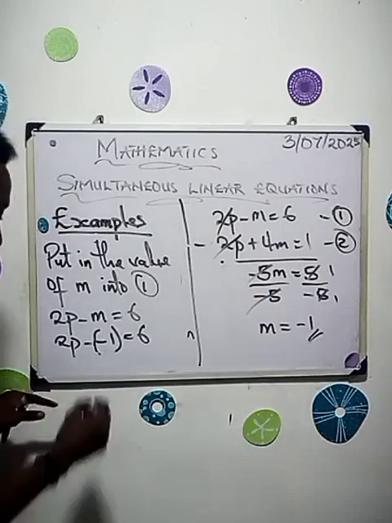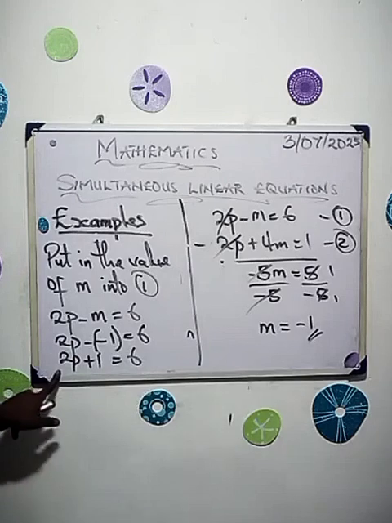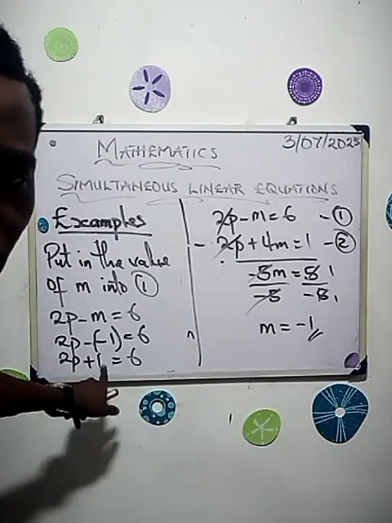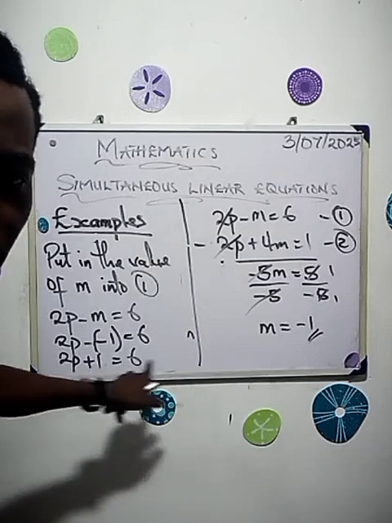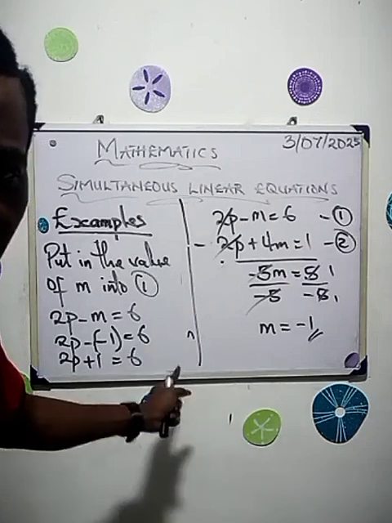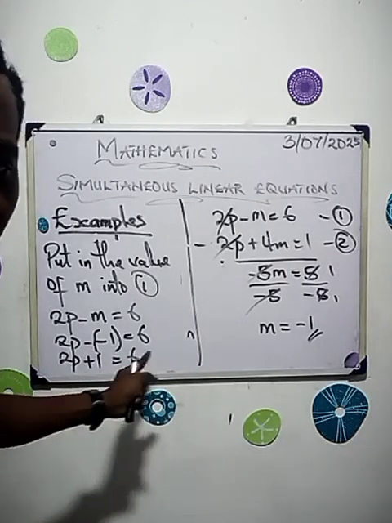So we have 2p plus 1 equals 6. What's the next thing? We're going to collect like terms. We subtract 1 from both sides. Plus 1 comes over, becomes minus 1. So you're going to have 2p equals 6 minus 1.